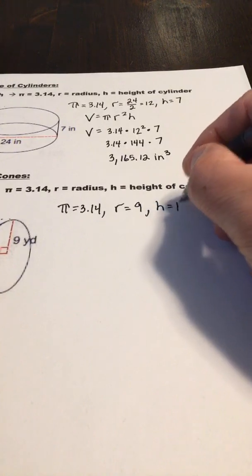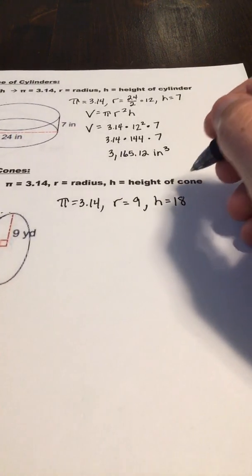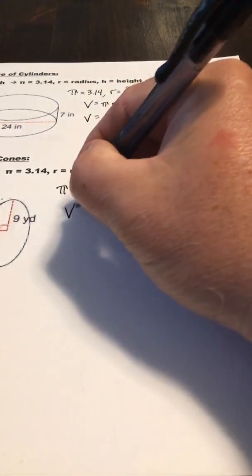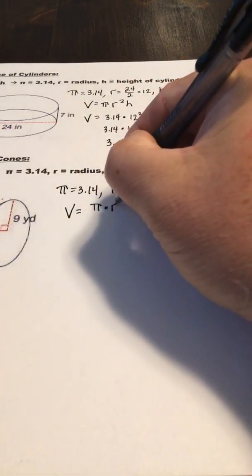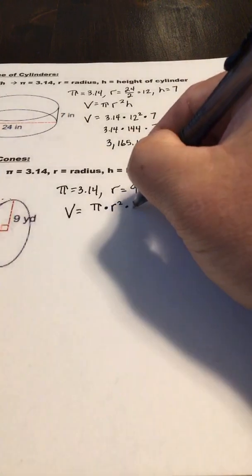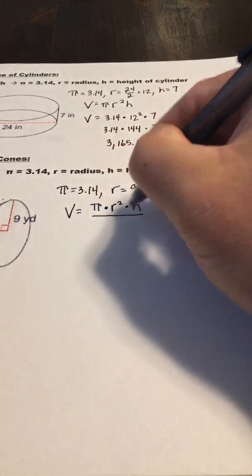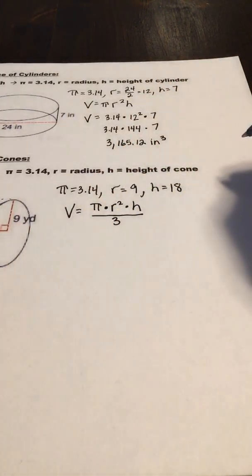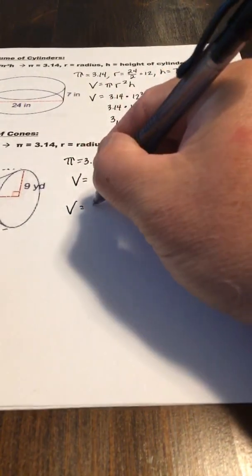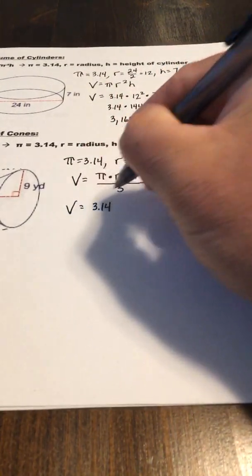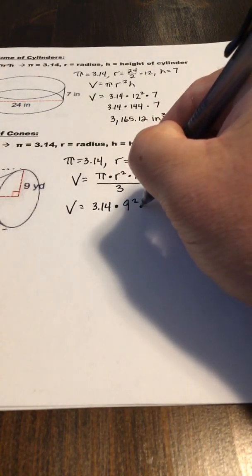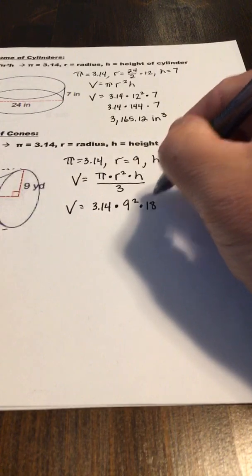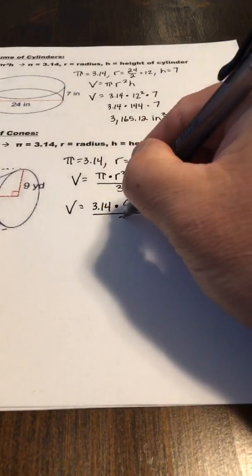So h is 18. Again, to find the volume, we multiply pi times r squared times h, and we divide all that by 3. So volume equals 3.14 times 9 squared times 18, divided by 3.